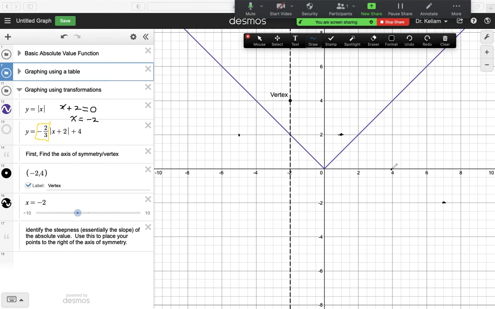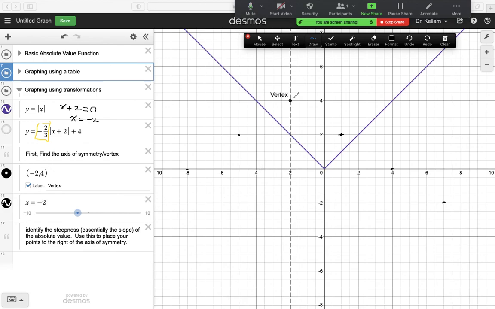This is a distance of 6 away from my axis of symmetry. So I'm going to go 6 in this direction. And as you can see, this last point I wouldn't be able to put onto this particular graph.